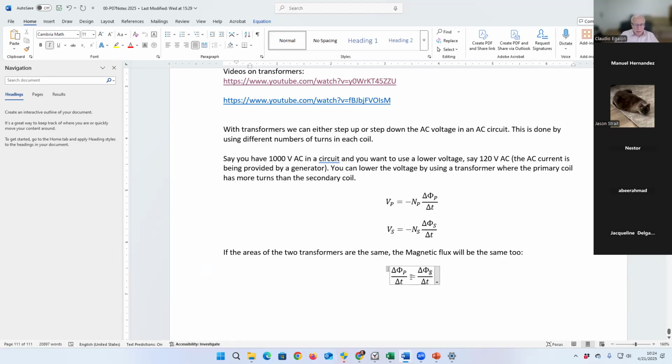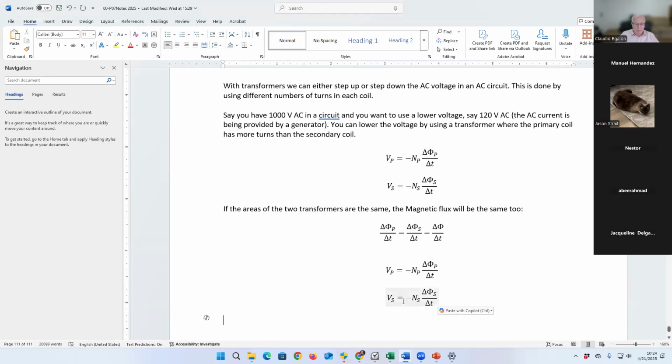I'm going to simplify my notation by dropping the subscript of both equations, okay? So now we have something like that. I'm going to pass this term to the other side.